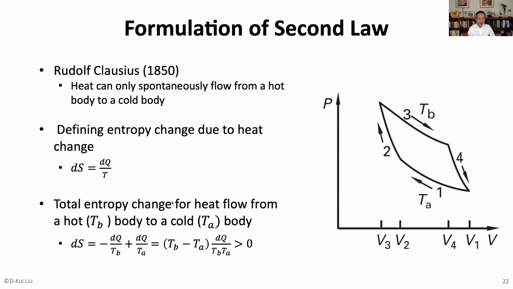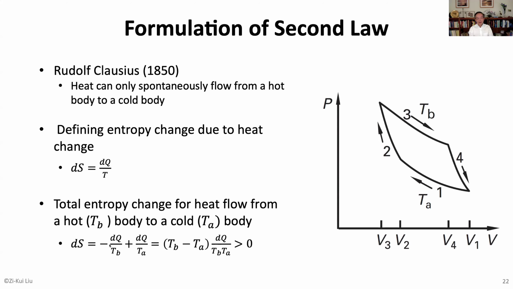So the total entropy change for heat flow from a hot body to a cold body would be the entropy change at the hot body plus the change at the cold body. Remember that the heat is taken away from the hot body, so it's negative dq divided by Tb, that's the entropy change at high temperature.